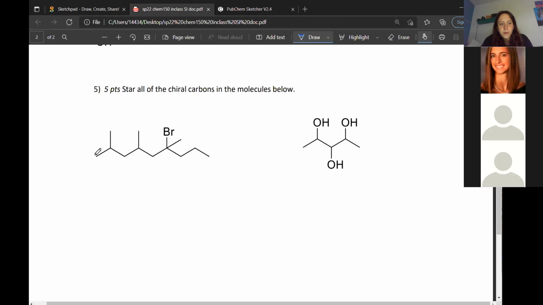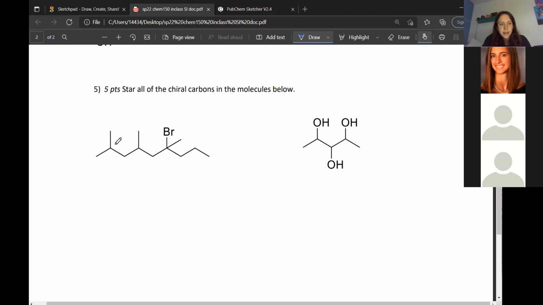So this carbon right here is bonded to 1 carbon here and then 3 hydrogens. Since it's bonded to 3 of the same thing, it's not going to be chiral. And it's the same for this one here. Bonded to 1 carbon, has 3 hydrogens, not chiral. This carbon here is bonded to this whole big chunk over here, but it's bonded to 2 methyl groups, 2 carbons with 3 hydrogens.